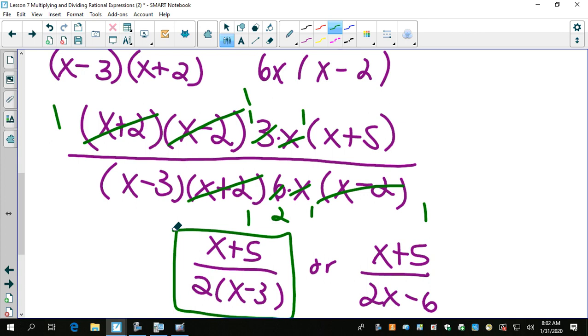So x over x I canceled to be 1. Because just think of if x is 5. 5 over 5 is 1. 2 over 2 is 1. And then 3/6 is a half.